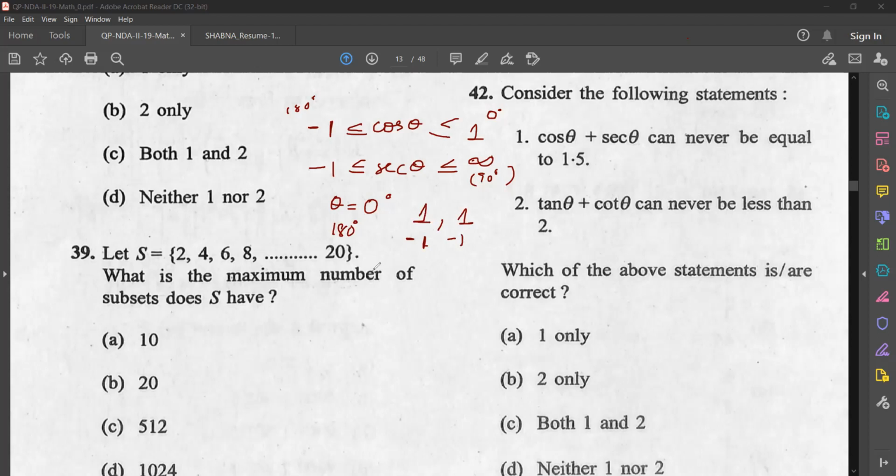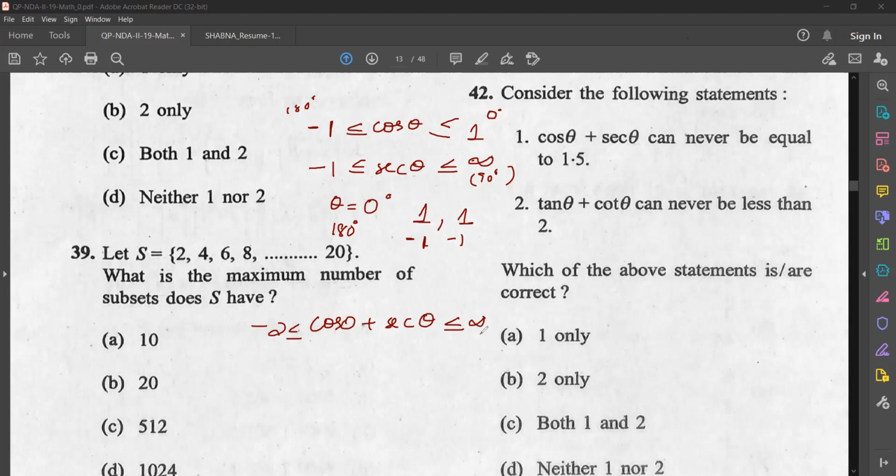Isn't it? So the value of cos theta plus sec theta will always be in between -2 and infinity. Okay, -1 plus -1. So the value will be between -2 and infinity.